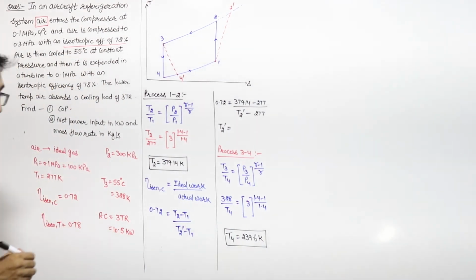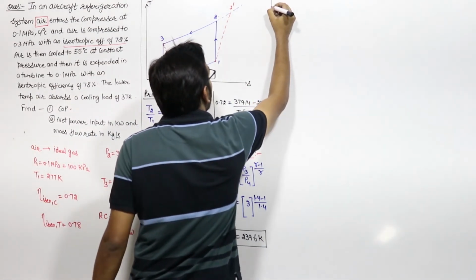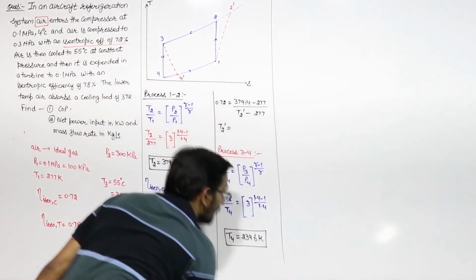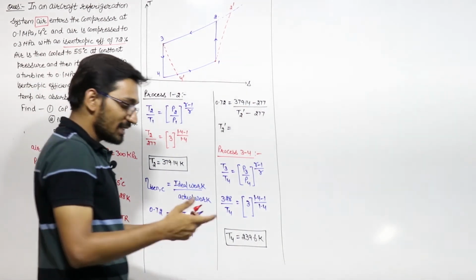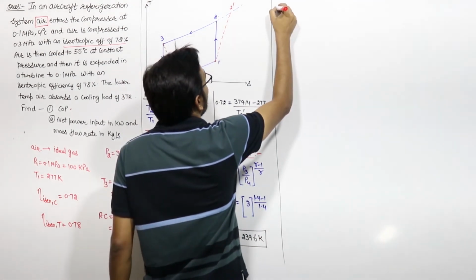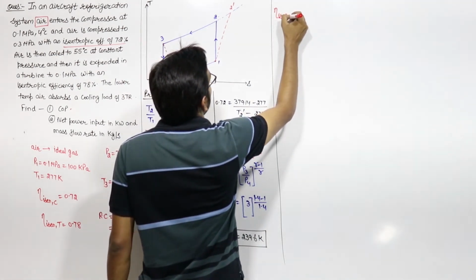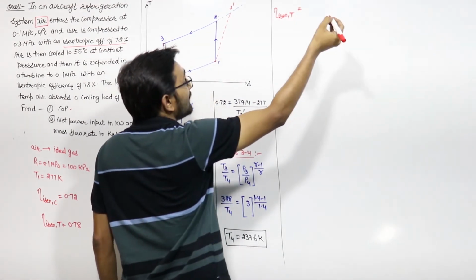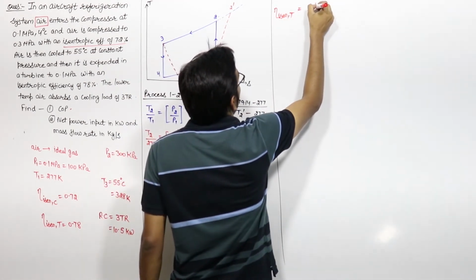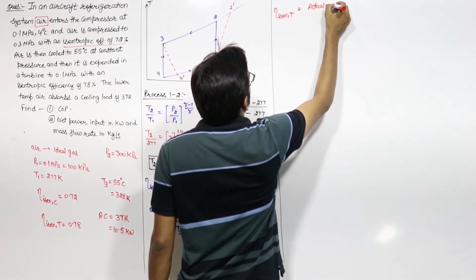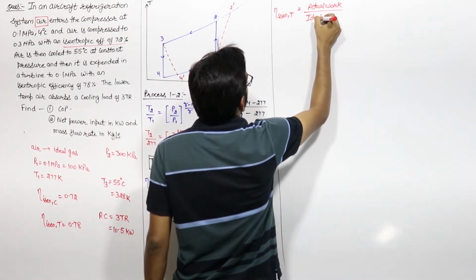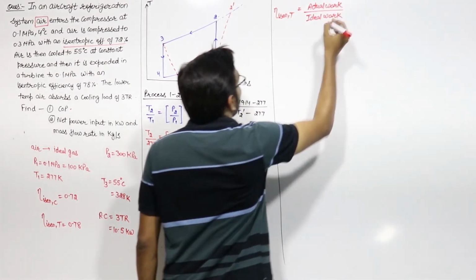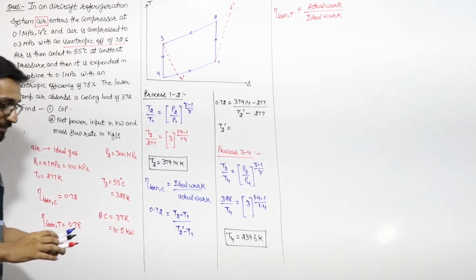But we don't want to find T4, we want the actual temperature, that is T4 dash, right? Now, how to find T4 dash? With the help of isentropic efficiency for the turbine. We know that in the turbine, the actual work which we are getting is less than the ideal work, so the isentropic efficiency is actual work divided by ideal work. Ideal gas is given, so I can write it in the form of temperature limits.